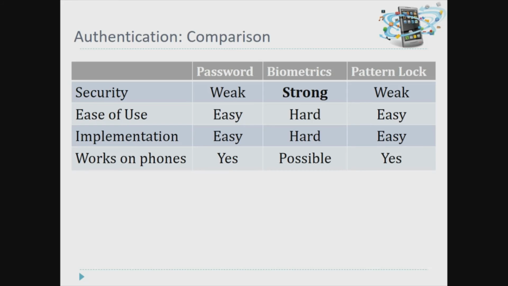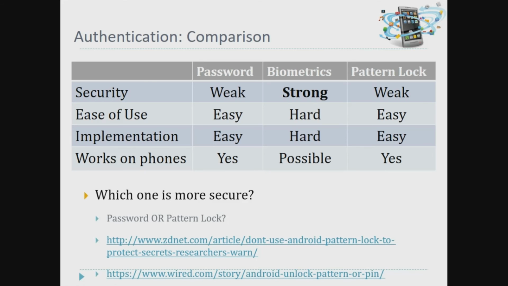Okay, we can compare these authentication methods in terms of security, ease of use, and implementation work on the phone. So based on the comparison, you can decide which one you should use when you want to develop your mobile application. If you want to use authentication using a password, this one is quite weak.